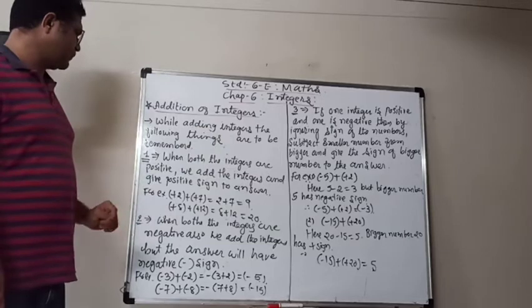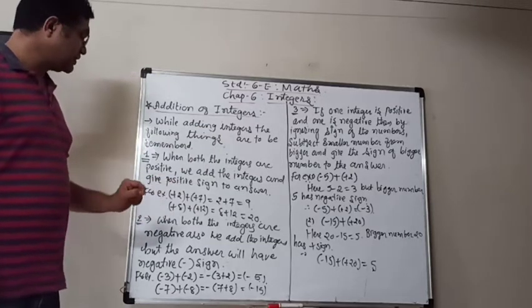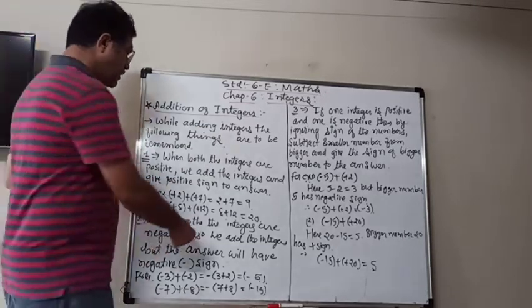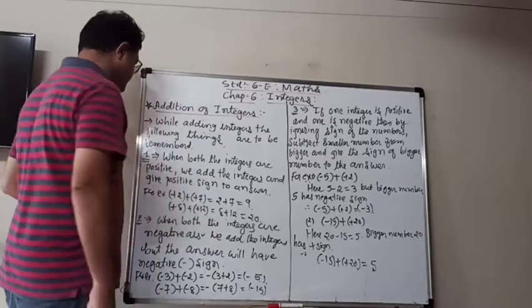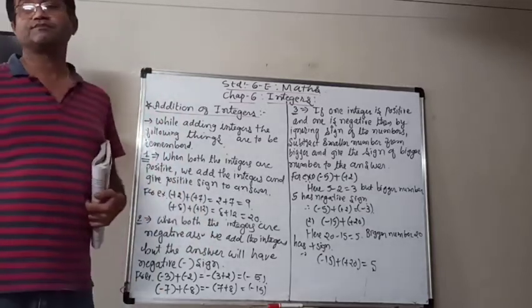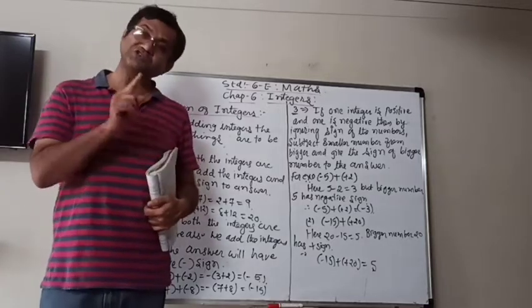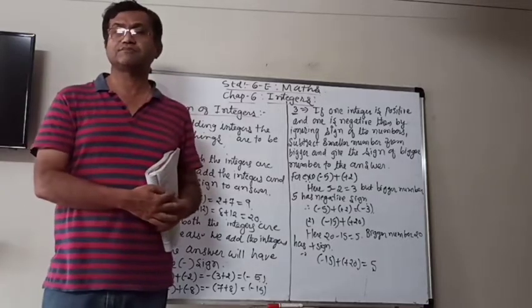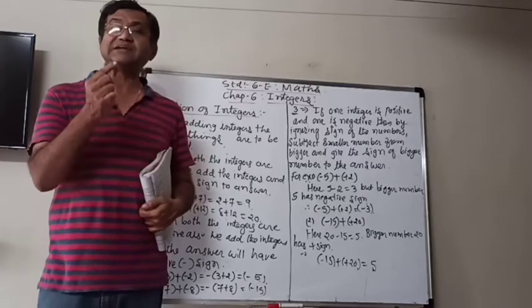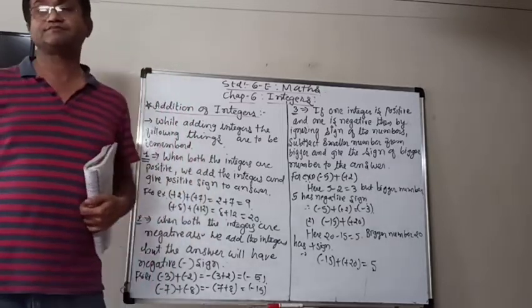Now look at the second point. When both the integers are negative, then when we add them, here also we have to add the integers, but the answer will take a negative sign.